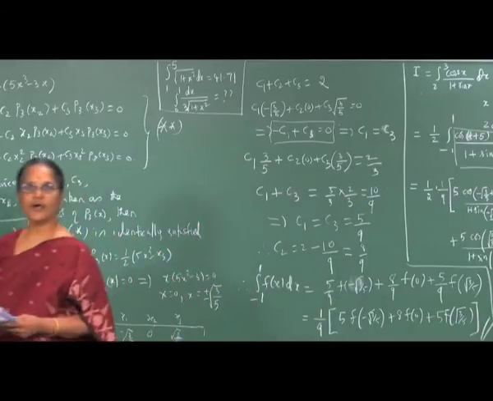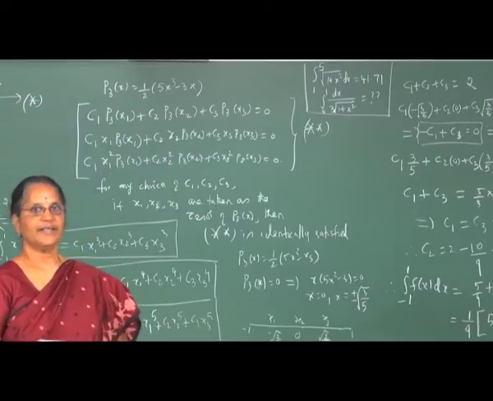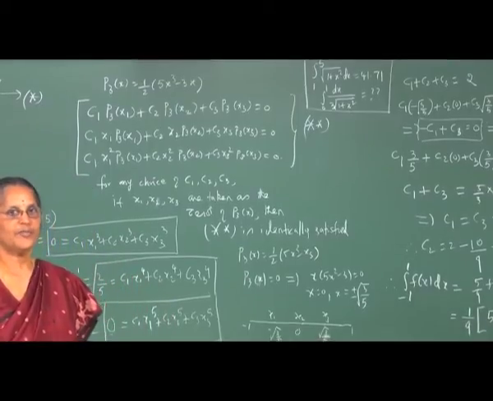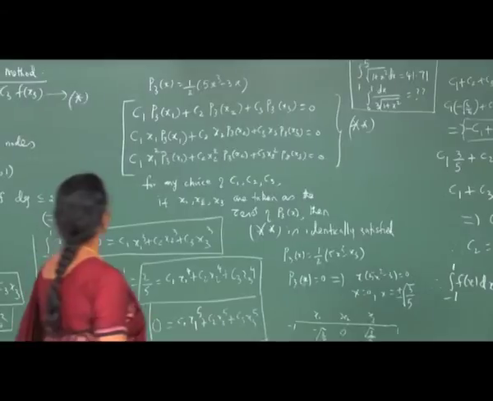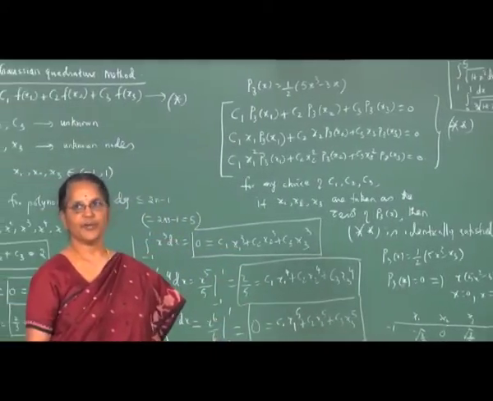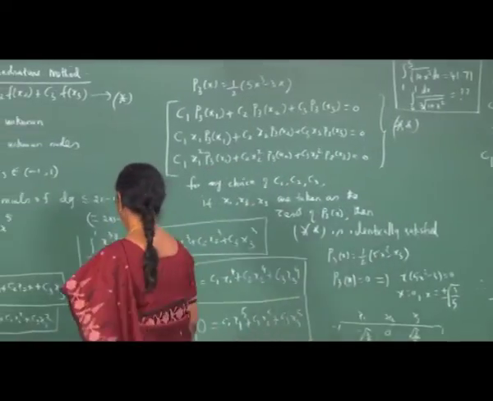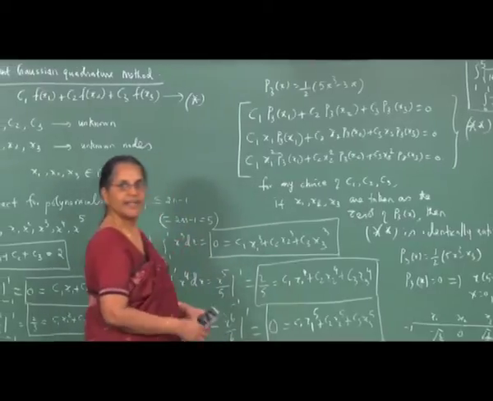Evaluate using Gaussian 3-point formula. And then you also take the following as a homework and try it out. Derive 5-point Gaussian quadrature formula. So, that completes our discussion on Gaussian quadrature methods.